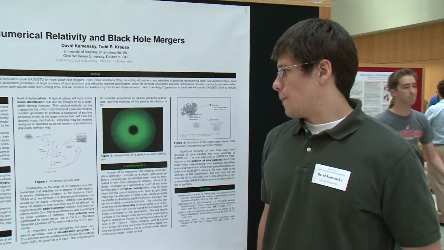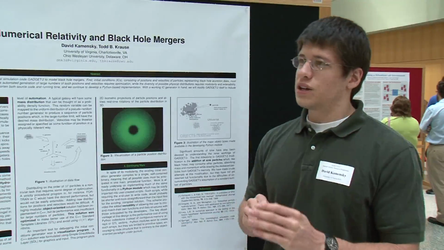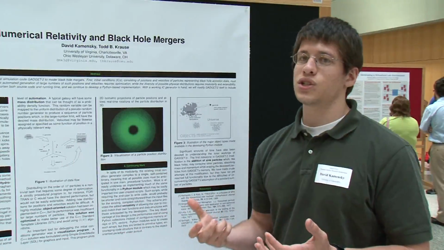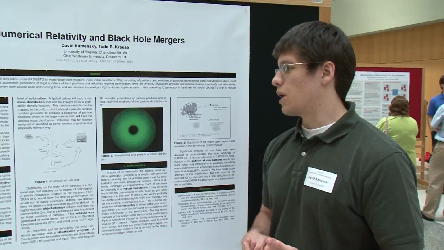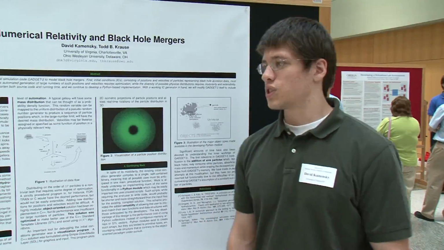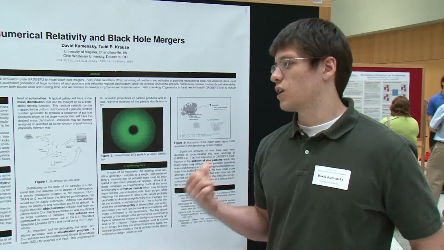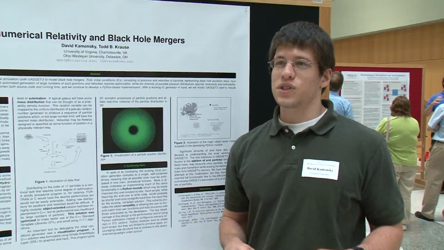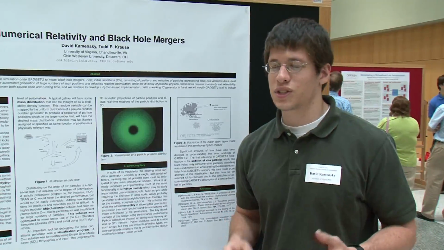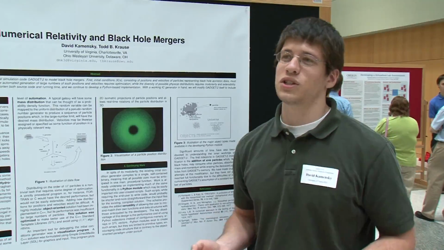And then the idea is, after we finish this initial conditions generator, we will go on to modifying Gadget itself, which is something else that I spent some time working on this summer, but so far the only successful modification I've made to Gadget is causing it to have a segmentation fault.